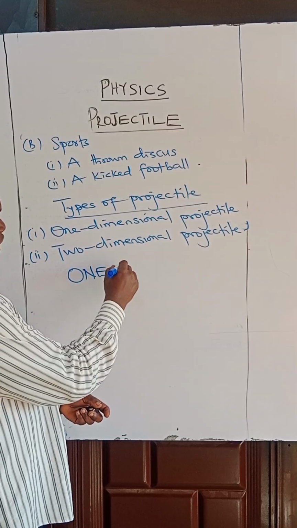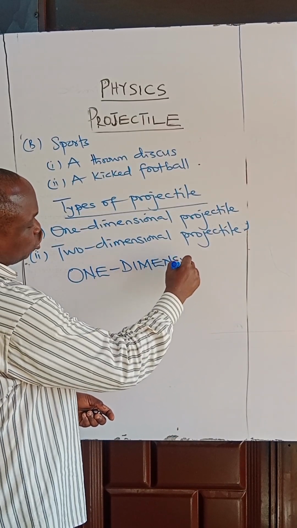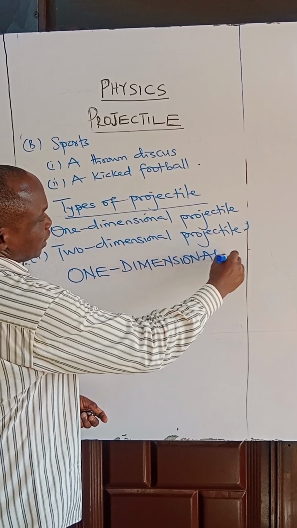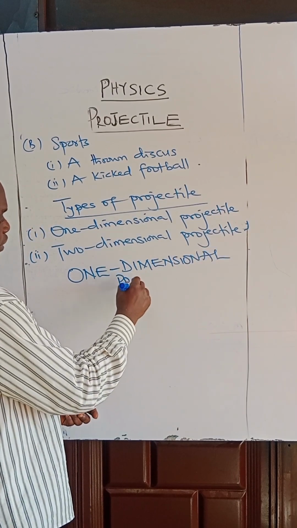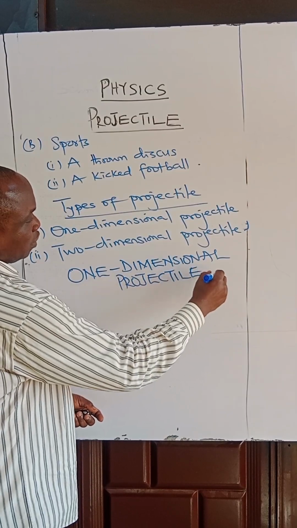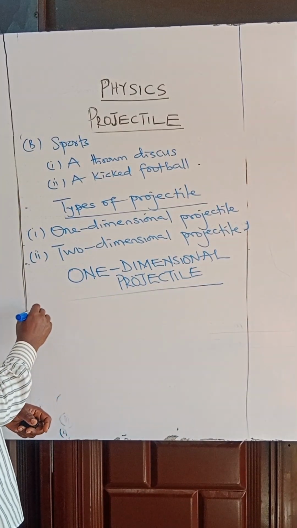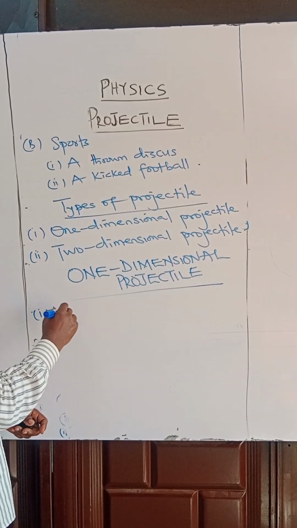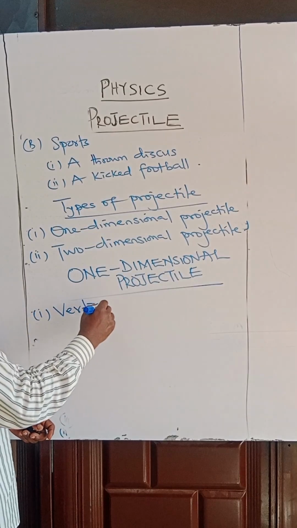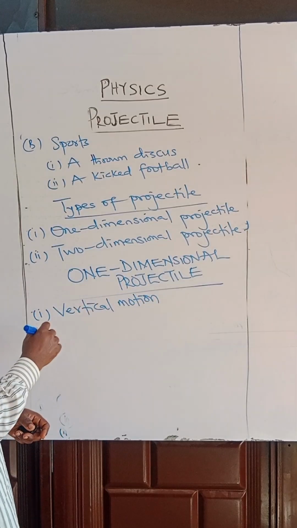We look at one-dimensional projectile. It is divided into two as well. We have vertical motion, when something is thrown vertically upward or downward.